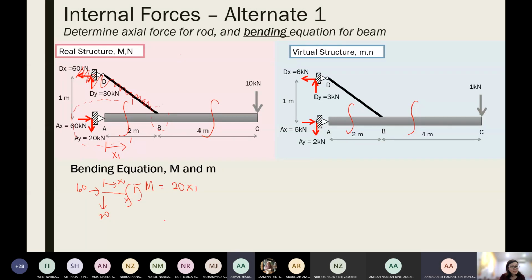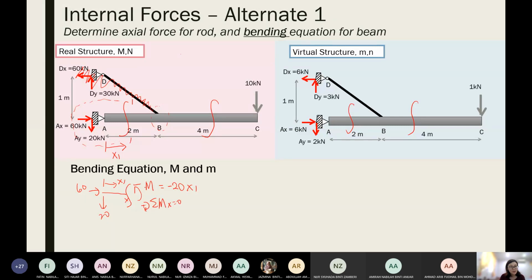Actually, what you have practiced is the summation of moment at x equal to 0, considering clockwise as a positive sign.